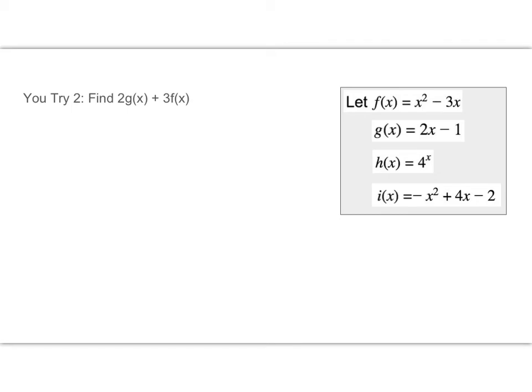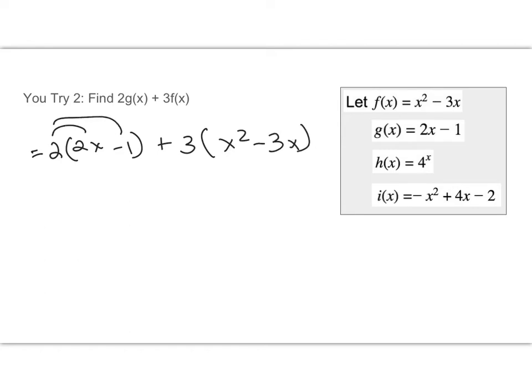Pause the video when you're ready to check your answer. Start it back up. All right, this one's a little bit more complicated. I have 2 times g of x plus 3 times f of x. That's going to be 2 times g of x, 2x minus 1, plus 3 times f of x, which is x squared minus 3x.